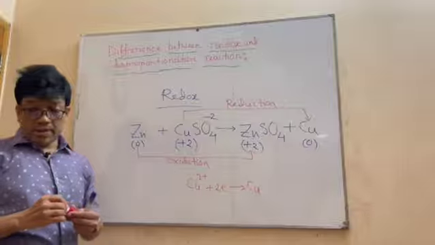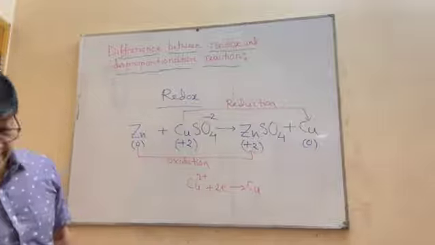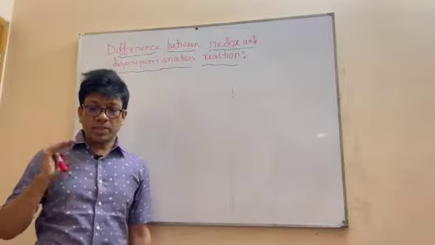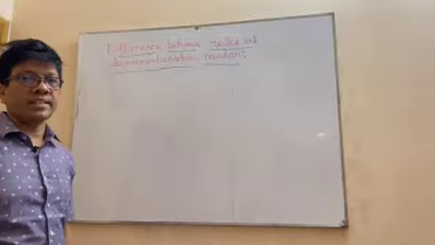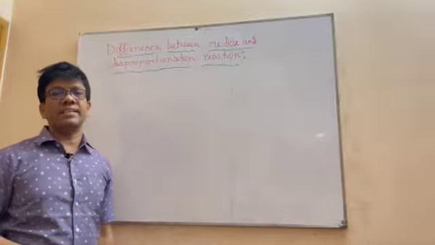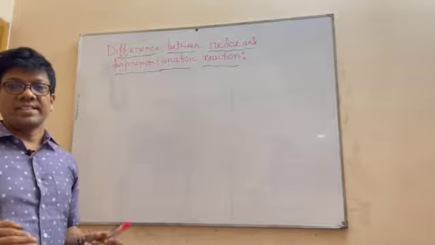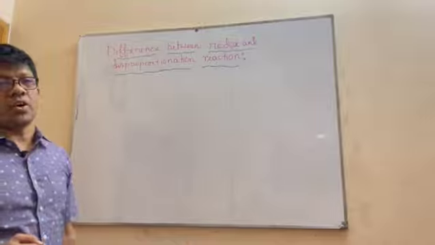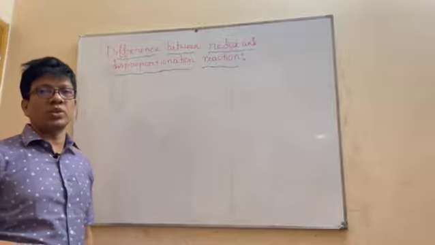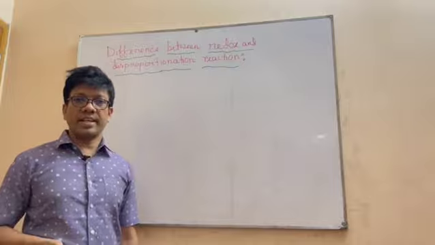Now what is a disproportionation reaction? Disproportionation reaction is a reaction in which an element is simultaneously oxidized and reduced. I mean, the same element simultaneously oxidized and reduced is known as a disproportionation reaction.